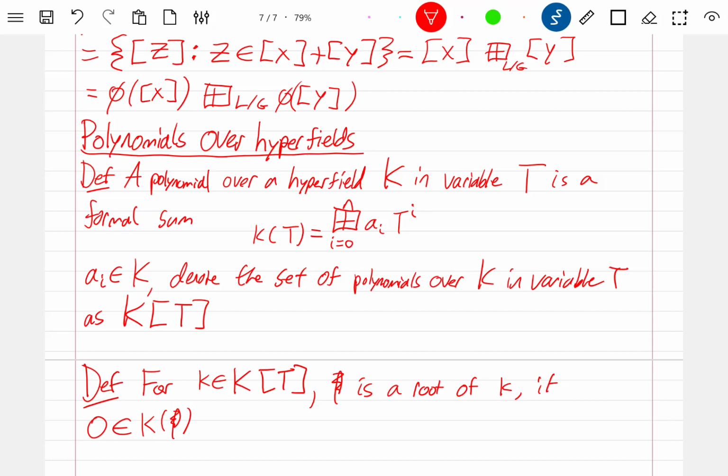When I mean k of c, if I have some element of our hyperfield, I can plug that into the variable t just as you would for a normal polynomial. There's some evaluation of the polynomial over our hyperfield.